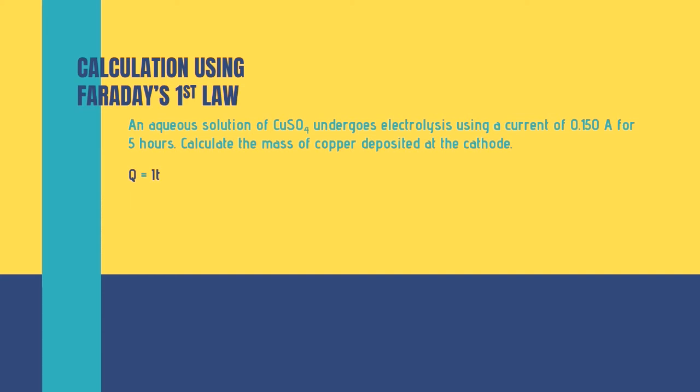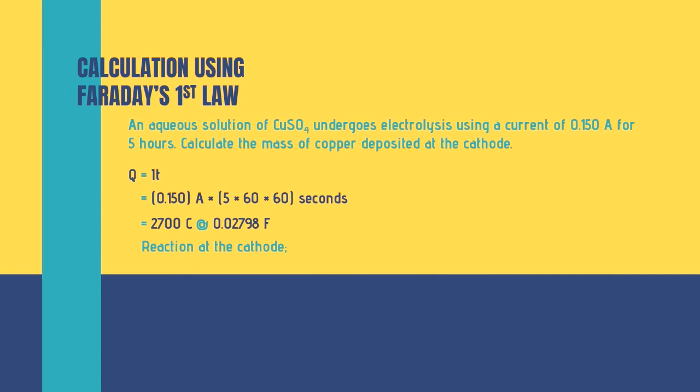Using Q equals IT, I being the amount of current flows, T the time taken, and remember it has to be in the unit of seconds, Q is equal to 2700 coulomb, or convert to Faraday, 0.02798.